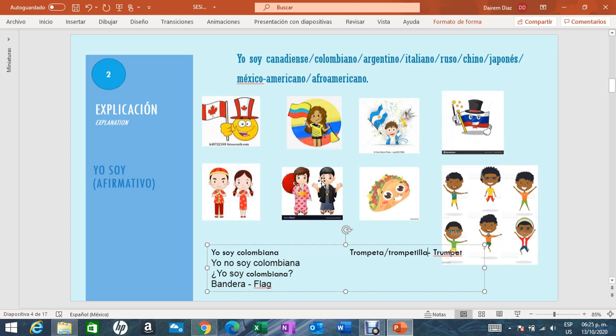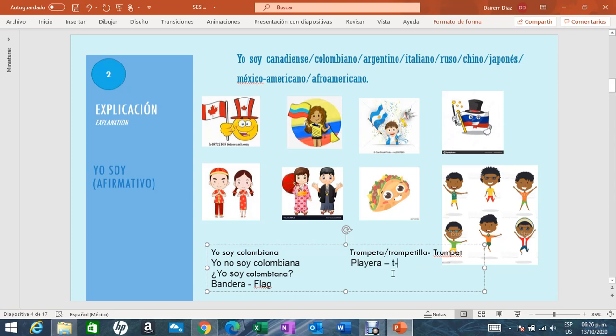And that's all. She's wearing a t-shirt from Colombia, and it seems like the uniform of the Colombian national team, soccer team, or any other team. So we say playera. Playera, it is t-shirt.